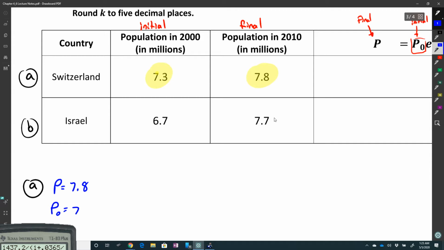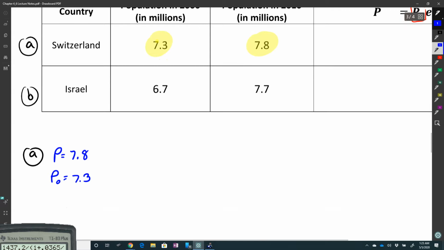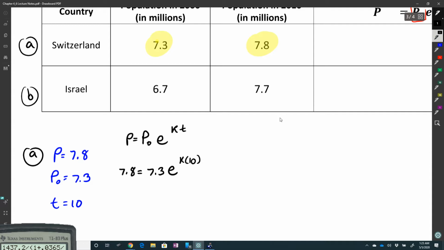P naught is equal to 7.3. t is equal to 10. So I can plug all that in to my formula. So 7.8 equals 7.3 e to the k times 10.